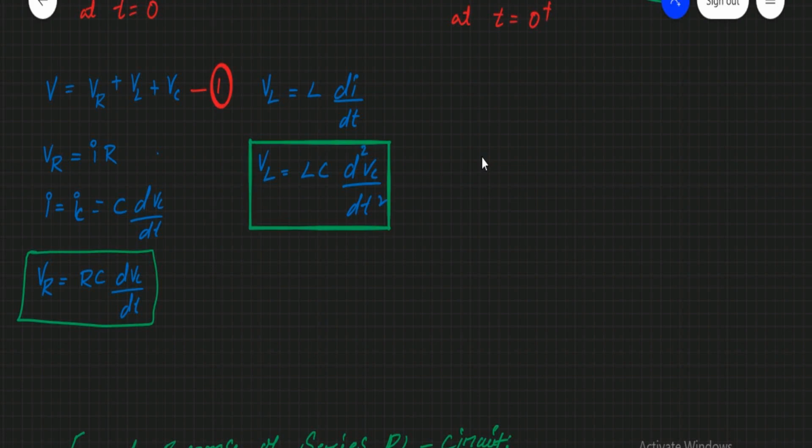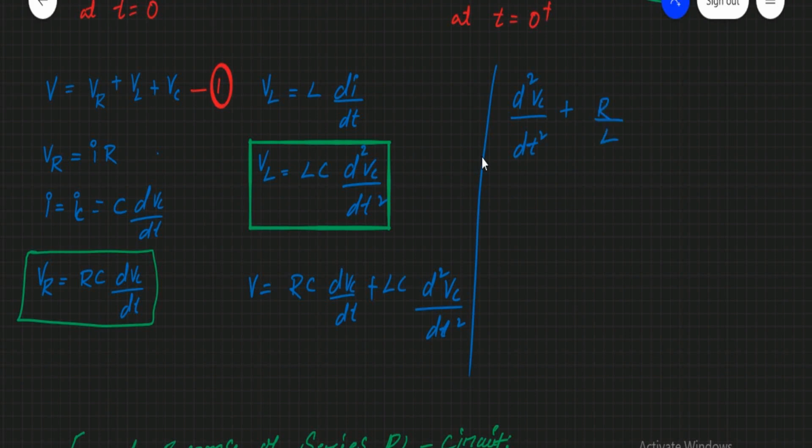So V is equal to RC into dVC by dt, plus LC into d square VC by dt square.